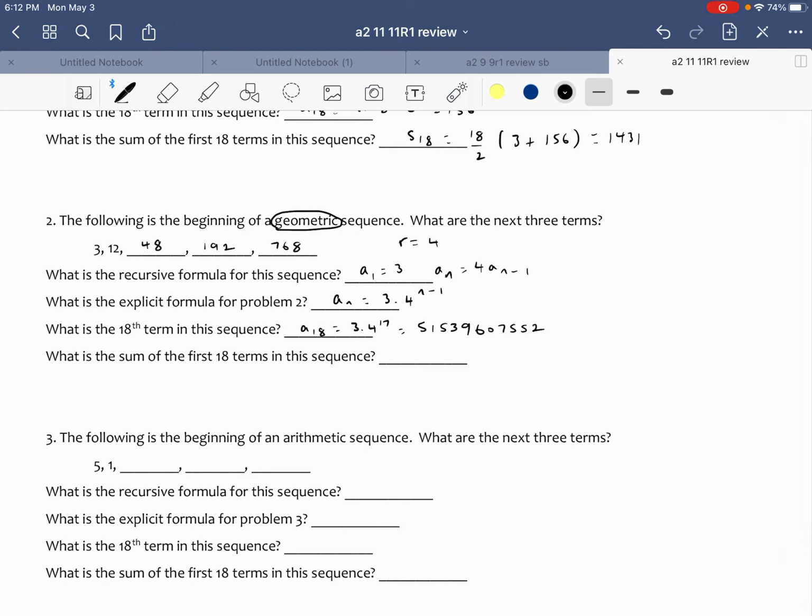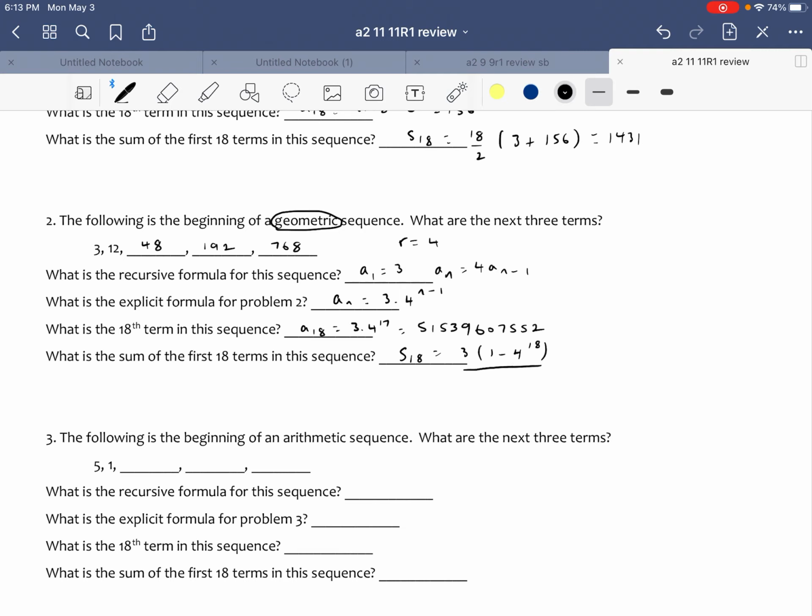What is the sum of the first 18 terms in the sequence? For a geometric, the formula goes like this, and it's all about the formulas. You take your first term, you multiply that by 1 minus the ratio, since we're doing 18 numbers, to the 18th power.